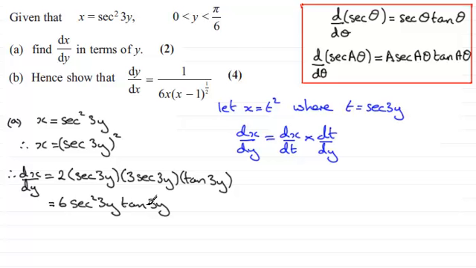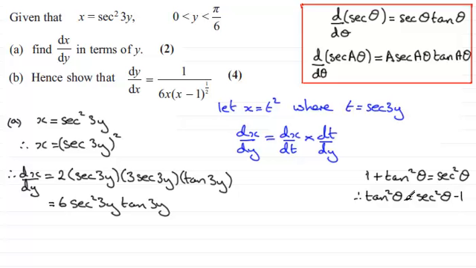And I can get a link if I think of this identity we should know already, and that is that 1 plus tan squared of an angle, let's say we call it theta, is equal to sec squared theta. Okay, should be familiar with that one. So if we rearrange this for tan squared theta, tan squared theta must be equal to sec squared theta minus 1.